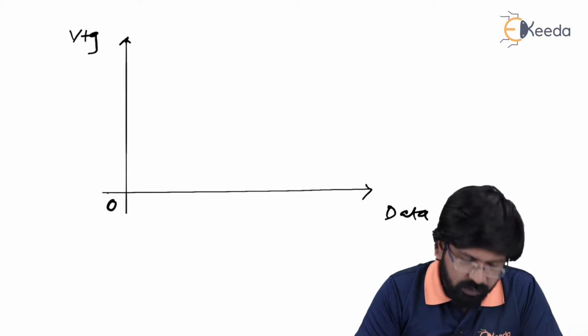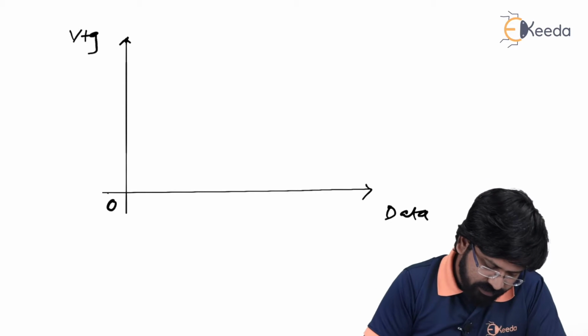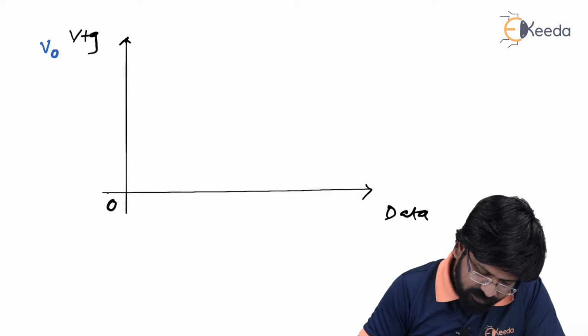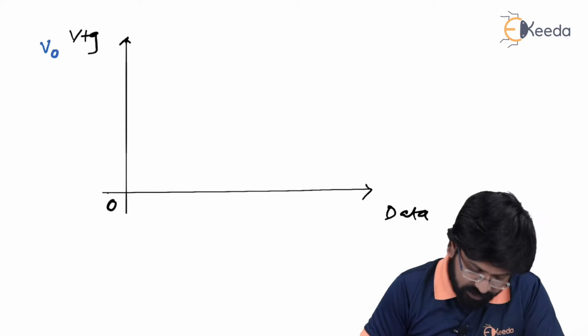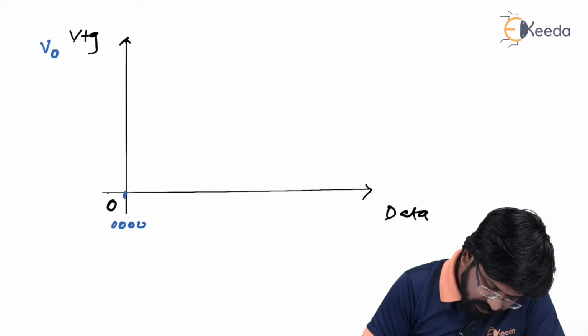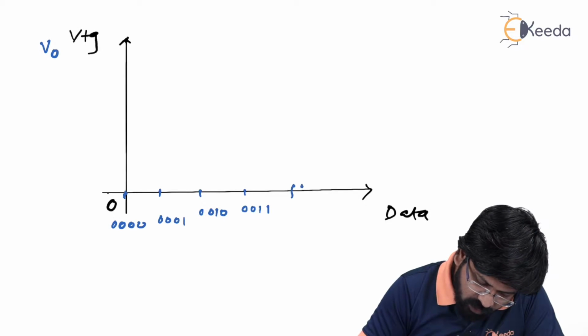Here I am going to plot output voltage versus input data provided. This is the variation of V0 we have seen with variation of data. The minimum data I can provide is 0000, next data is 0001, after that 0010 or 0011, and likewise I can go up to the last data, which is all ones.